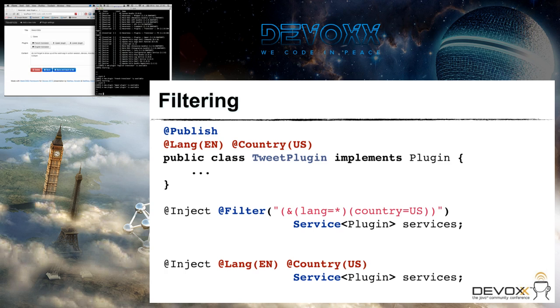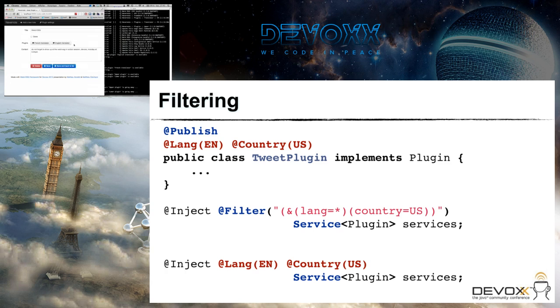I can also remove a plugin. So I can remove plugin 9 here in my console, and my UI just reacts to this new event and removes the plugin. So we just use here service injection, the service API, and each time a bundle goes away or appears, the collection is fed, and we can adapt the UI with this new event.